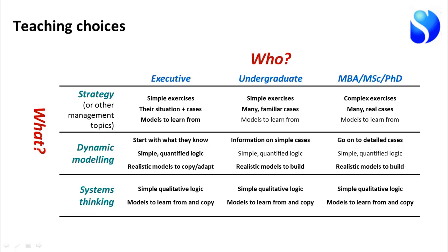And very often they've actually done it with a live audience of people who own the problem that they're working on, and you can use those examples for other masters and PhD level people to work from. So I hope that's covered the kinds of choices you have to make depending on the audience you're trying to address and what you want them to learn.